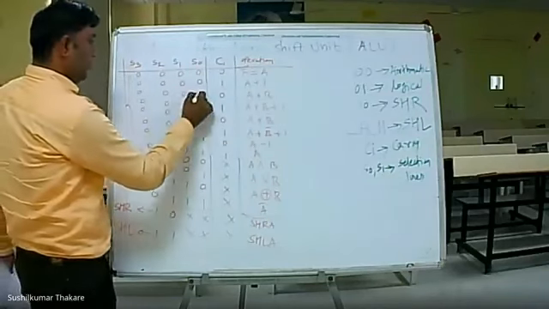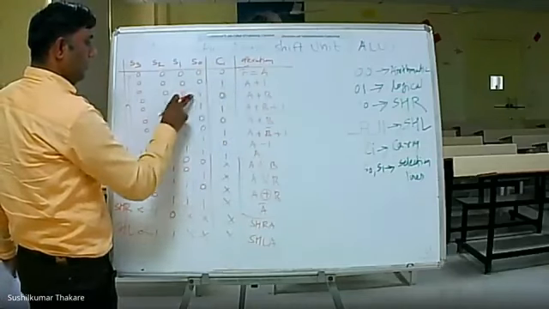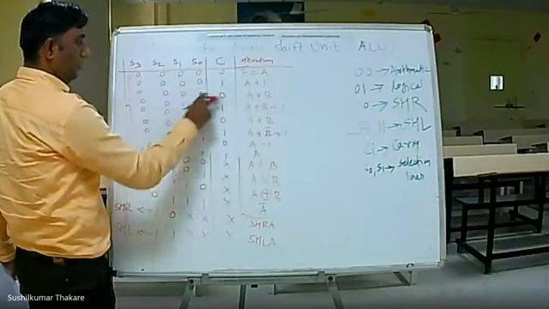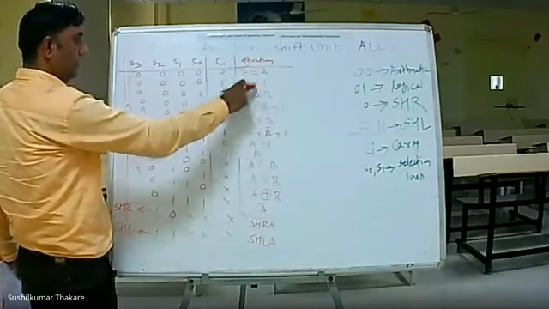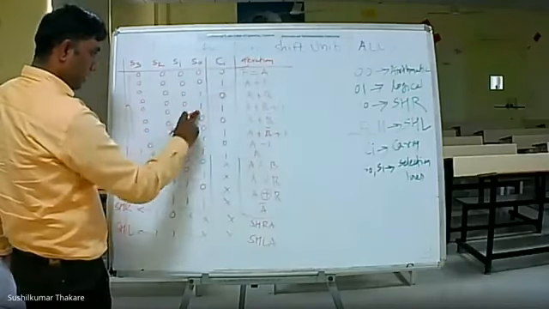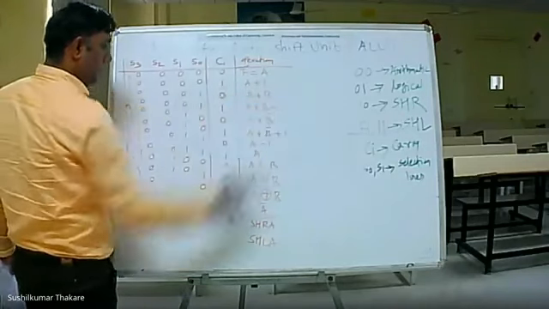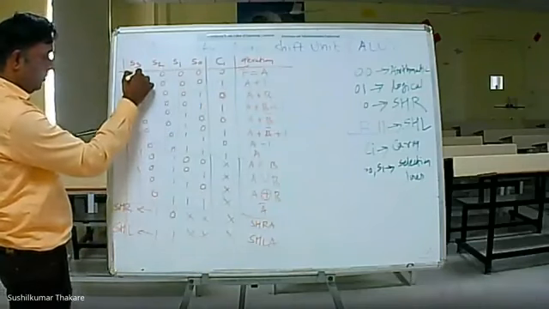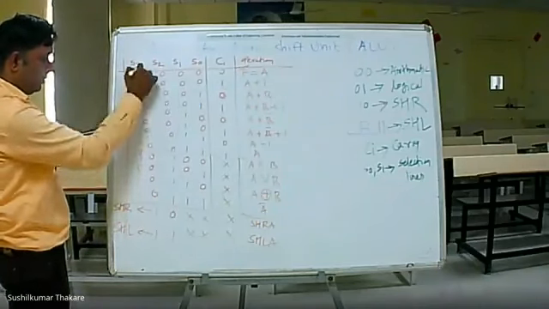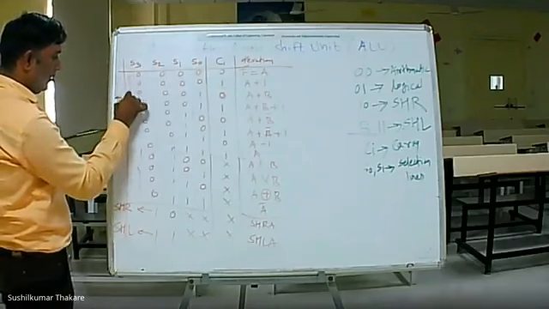Then 1 0 gives A plus B. Add 1 again in this case, so A plus B plus 1. These are the operations; the first 8 operations are the arithmetic operations.